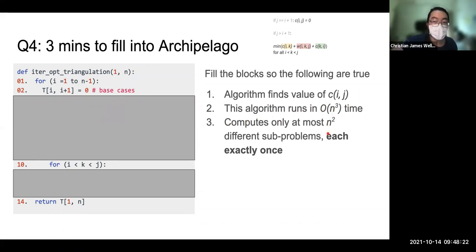And remember, it computes only at most n squared different subproblems, each of them exactly once, meaning we just retrieve it from the table. That should give us a clue of the time taken for one subproblem, which is O(n). Each subproblem should take O(n) time, for us to get O(n cubed) runtime.